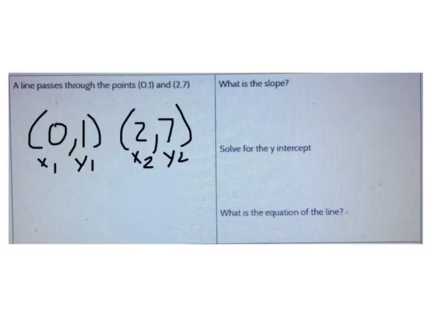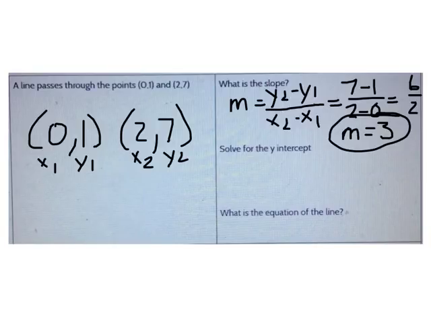To find the slope, I can use the formula m equals y2 minus y1 over x2 minus x1. Go ahead and find the slope now. What's the slope of this line as a whole number or proper or improper fraction? The slope of this line is 3.